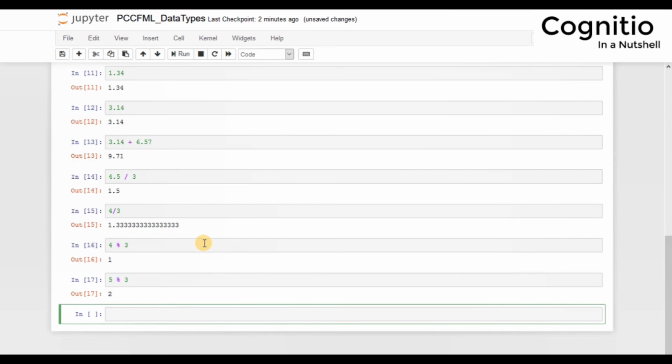All the arithmetic operations are done in the same order as we deal with in mathematics using BODMAS.